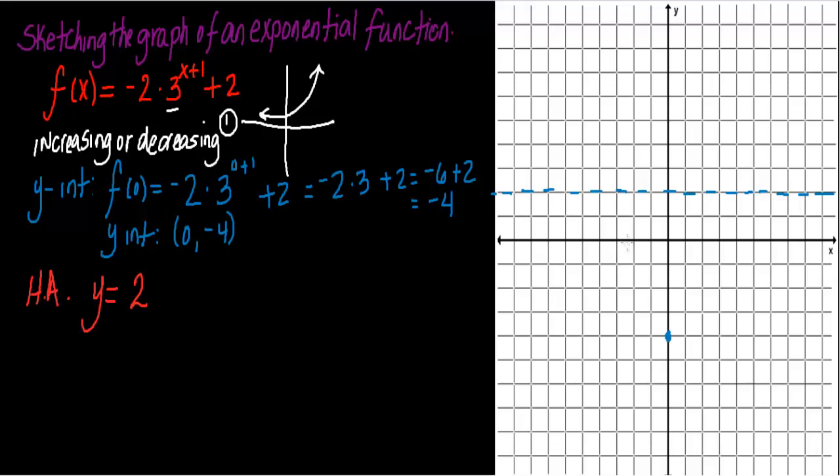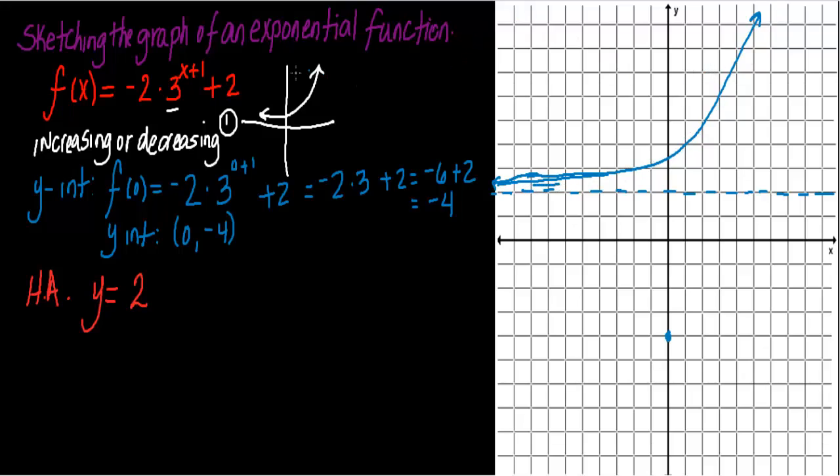And I know that initially my function was increasing, so this is what my function would have looked like initially. Something like this, increasing that way and getting closer and closer to the asymptote, which in this case is y equal to 2.